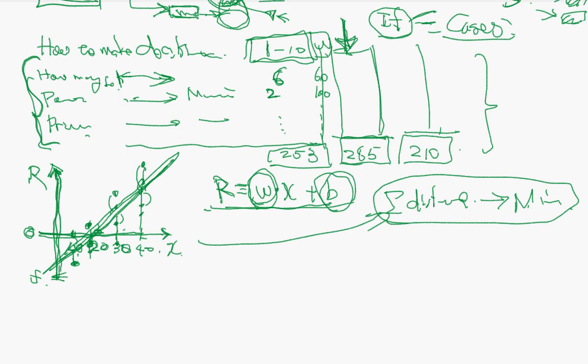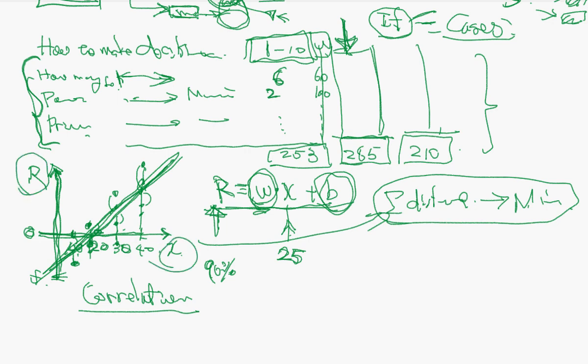Okay. So once you do this math work, you get this W and B, and this is the trade secret. I know that when 25 frogs are making noise, then I can tell whether it's going to rain or not. And the probability of being correct is like 90%. And 90% means this has a very good correlation between X and R. Okay.